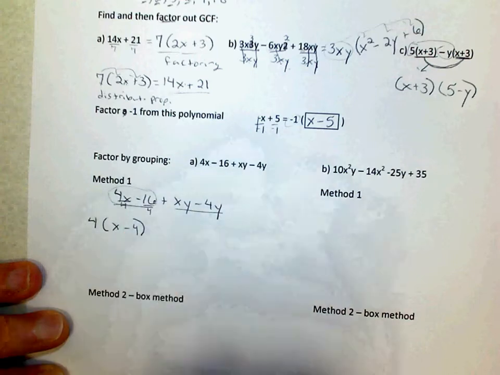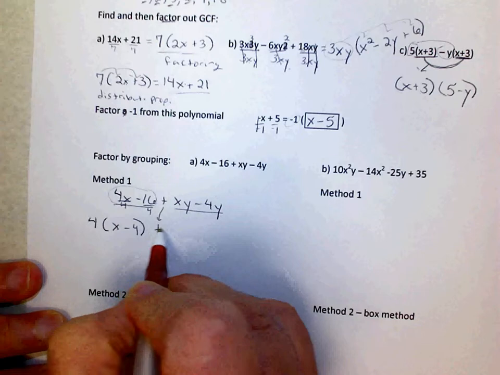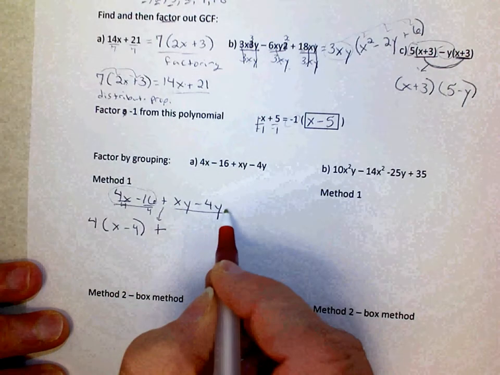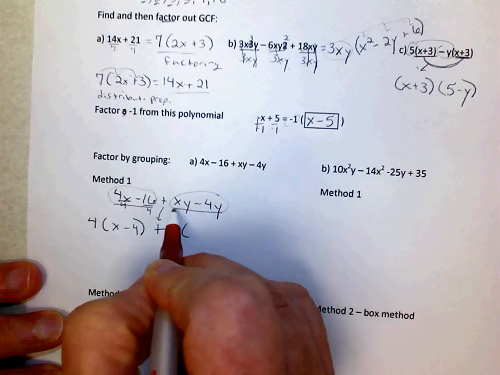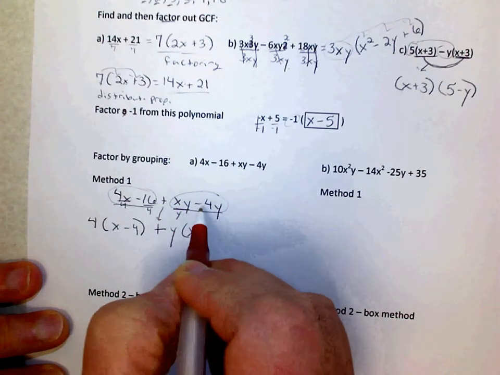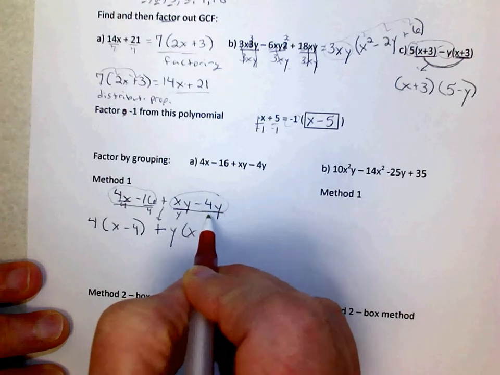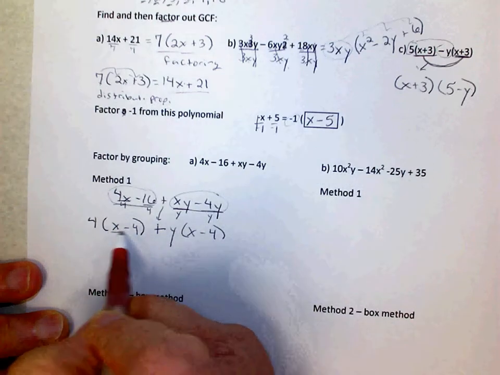Now, bring my plus down, and then I factor the GCF of this. My GCF here is y. So positive xy divided by y leaves x, and -4xy divided by y leaves -4. Now we're to our nice step.